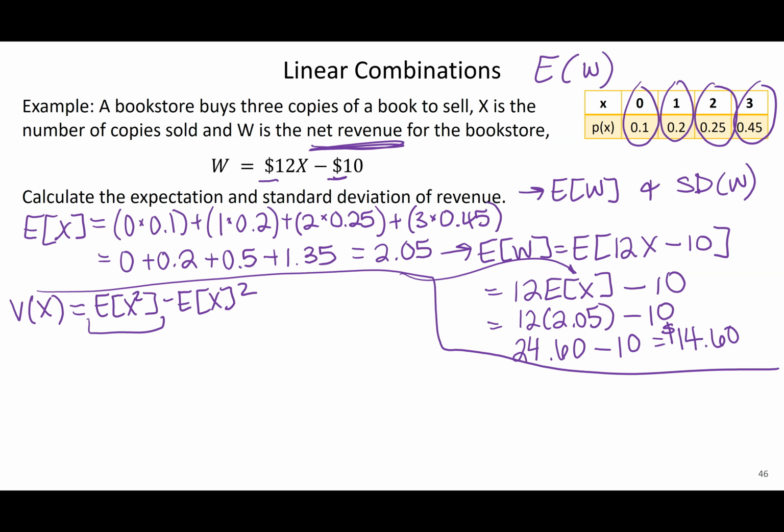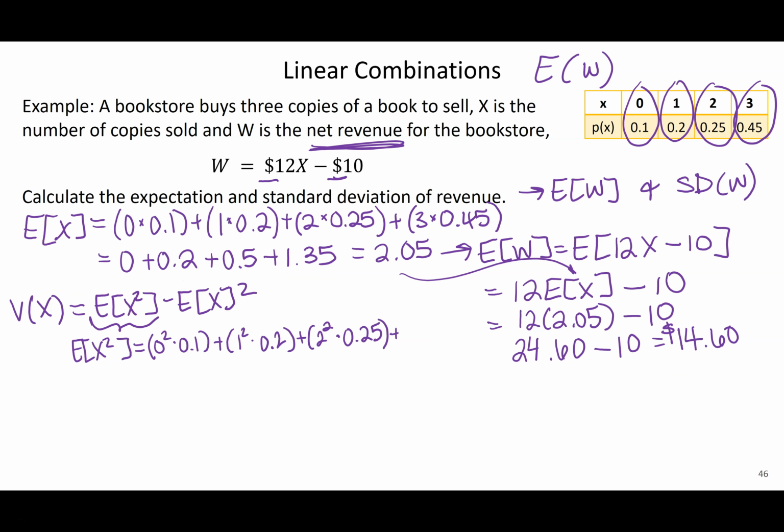We have to calculate the expected value of x squared. So expected value of x squared is going to be equal to 0 squared times 0.1 plus 1 squared times 0.2 plus 2 squared times 0.25 plus 3 squared times 0.45.